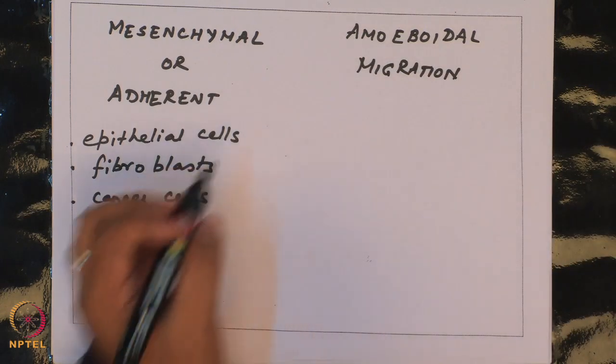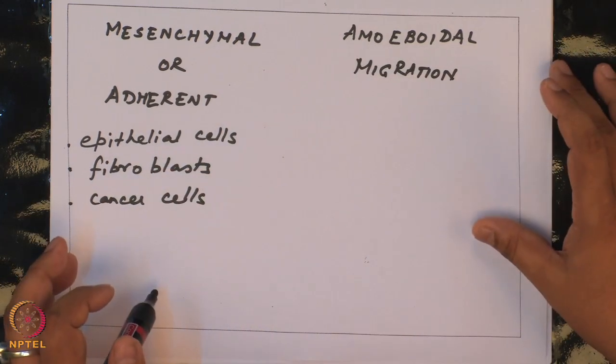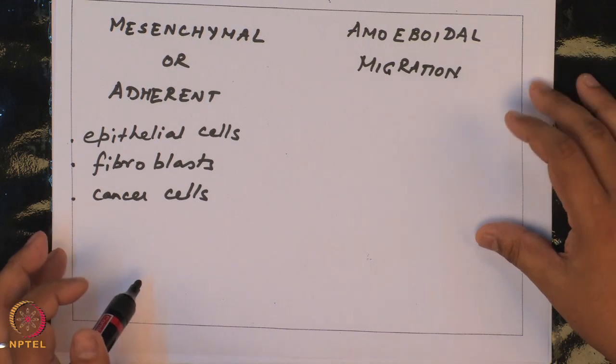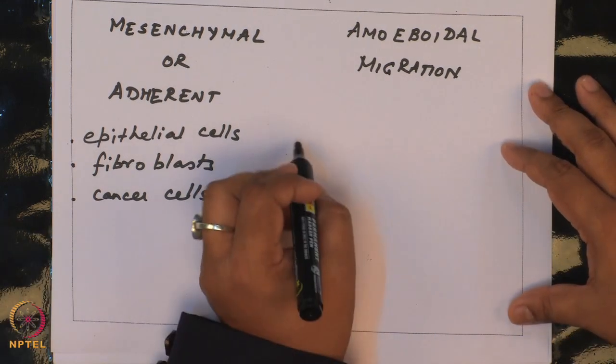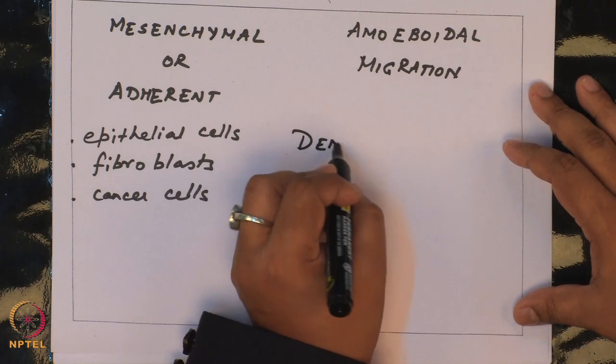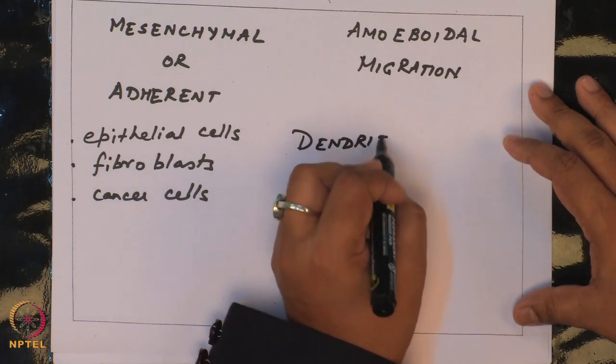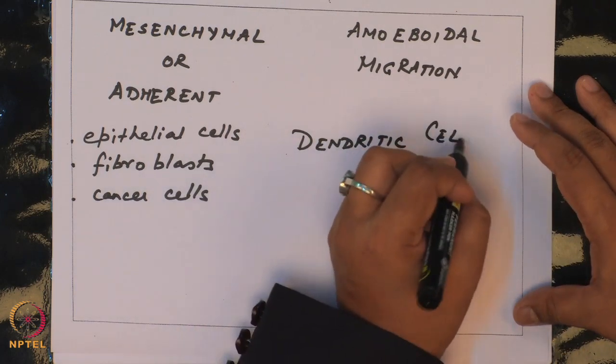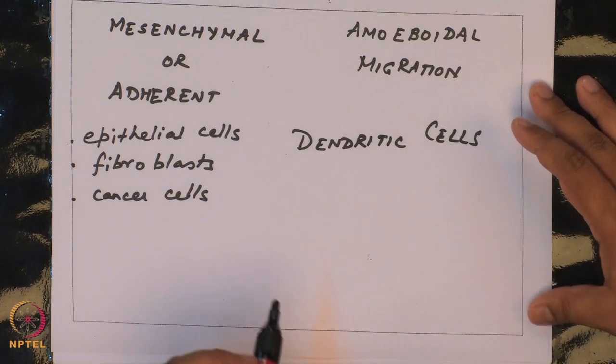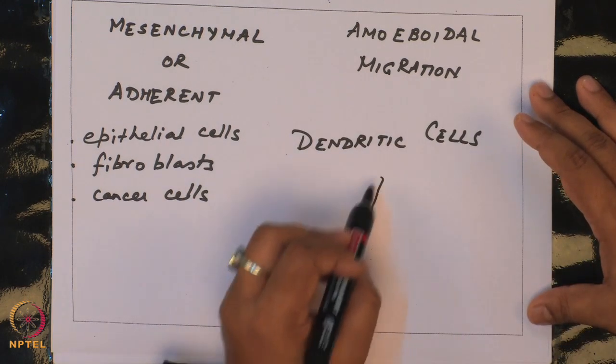Okay. So, today we will start discussing amoeboidal migration. So, what is amoeboidal motility? If you look at dendritic cells, if I were to outline the shape of a dendritic cell, it will be more like this.